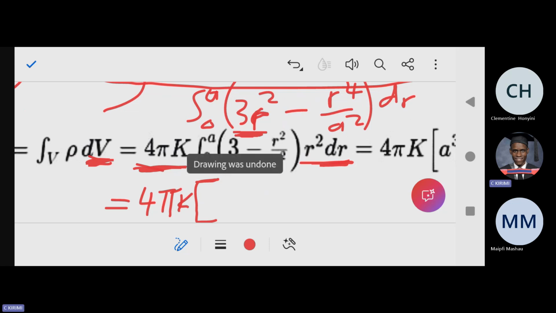What is the integral of 3r squared? Isn't it r cubed? Yeah, we put r to the power 3. Then what is the integral of r to the power 4 over a squared?